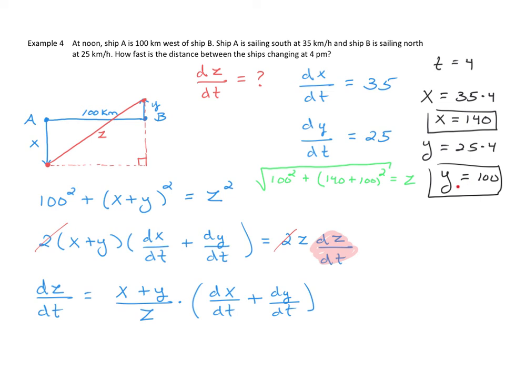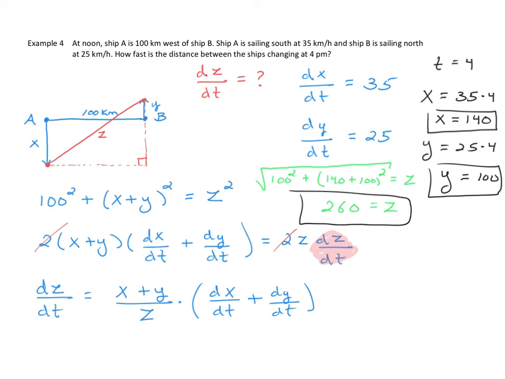I'm just going to get this value from my calculator. If I take the square root of 100 squared plus 140 plus 100 squared, it actually works out nice. The number I got was 260. That's the value of z.